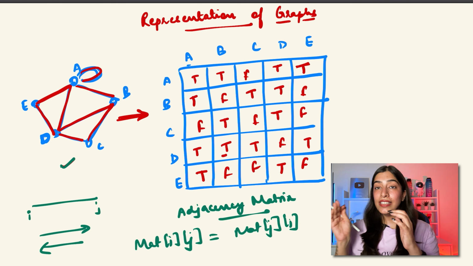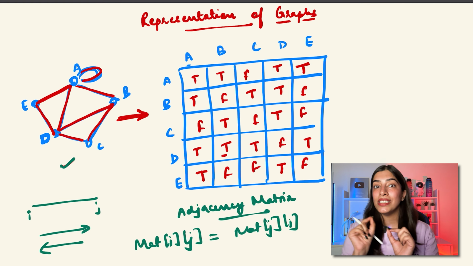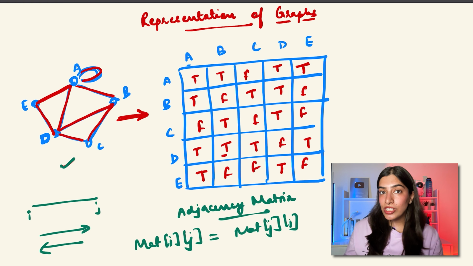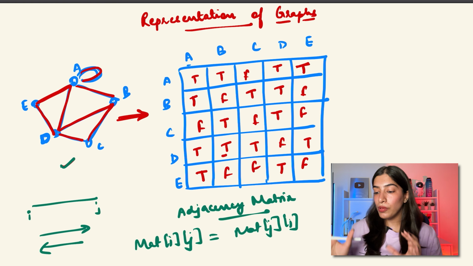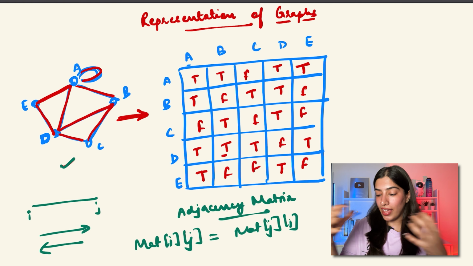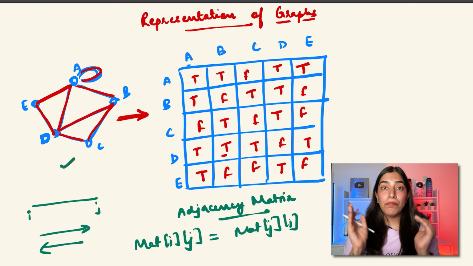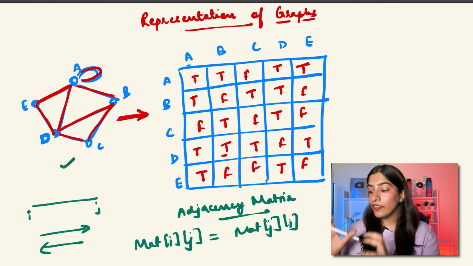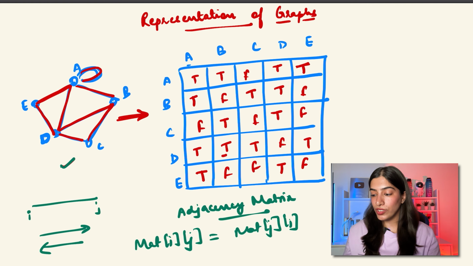That is why the adjacency matrix for an undirected graph is going to be a symmetric matrix, which means that if you take the transpose of this matrix, you're going to end up getting the same matrix. Why is that? Because this is a bidirectional edge for every pair of nodes, correct? I hope this is common sense and you're able to visualize this. But it is not going to be true for directed graphs. For a directed graph, your adjacency matrix is not going to be symmetric. You need to understand all of this.